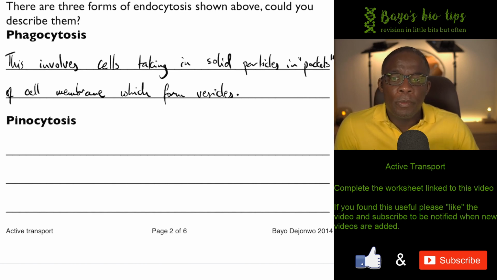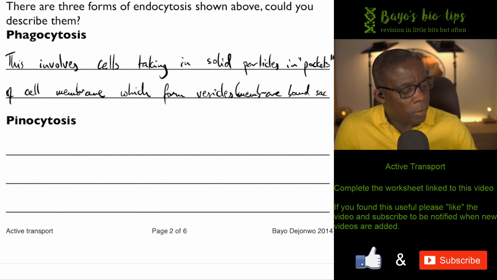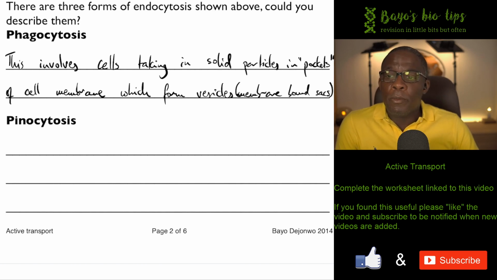Okay, so vesicles are basically just membrane bound sacs.